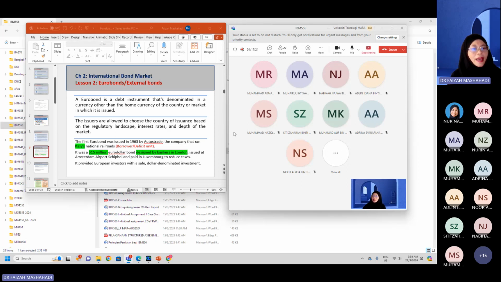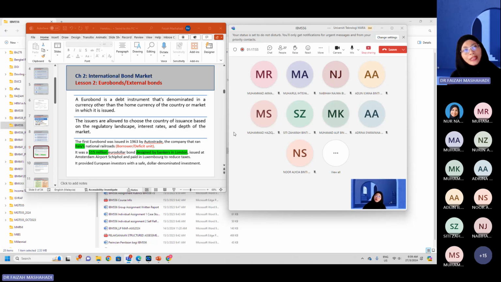Issued at Amsterdam Airport Schiphol and paid in Luxembourg to reduce taxes. So they have some techniques on how to reduce taxes. For example, bonds will be taxed, especially for the surplus unit. Remember, the surplus unit will earn money from that particular transaction because the deficit unit will pay them interest. So that interest will be taxed. So in terms of payment of interest, they have a choice, right?